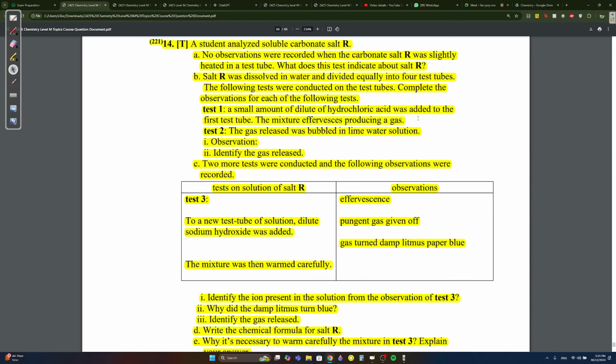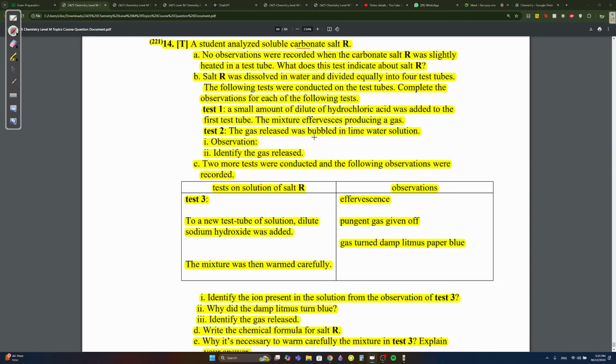In test 1, a small amount of acid was added to the first test tube. So remember, we have carbonate. What happens when you add acid to a carbonate? It produces a gas. Then test 2, the gas released was bubbled in lime water solution. What is the observation?